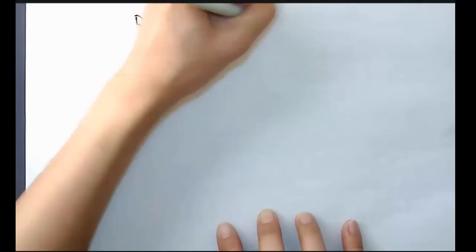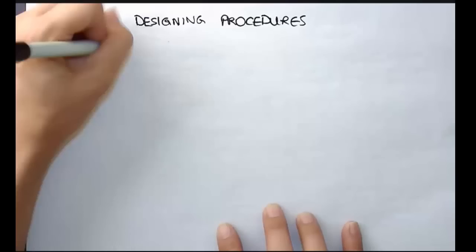I have 3 rules. The first one is use the audit terminology for the procedure. So if I'm recalculating, I'm vouching, I'm doing an analytical procedure.